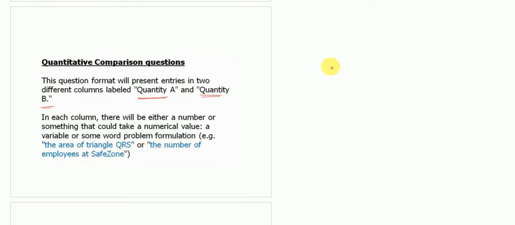So you would have two columns, column A and column B, and you may have, let's say, two numbers such as 3 divided by 7 or 4 divided by 7, which you need to compare. Or you may have a variable or a word problem formulation such as given here, and you have to compare the value given in column A with respect to the value given in column B.